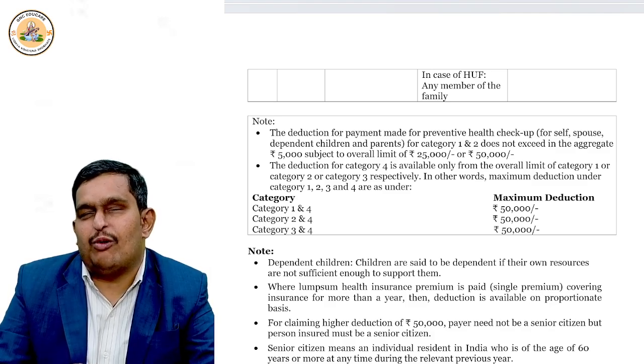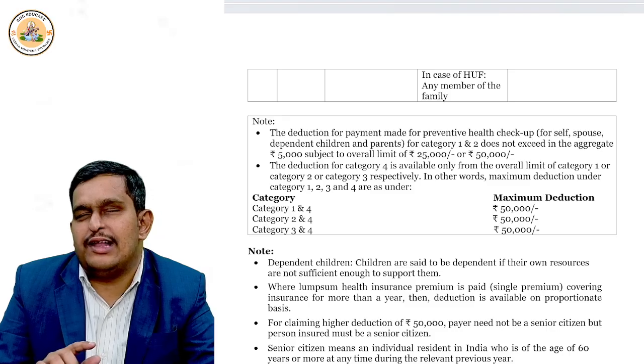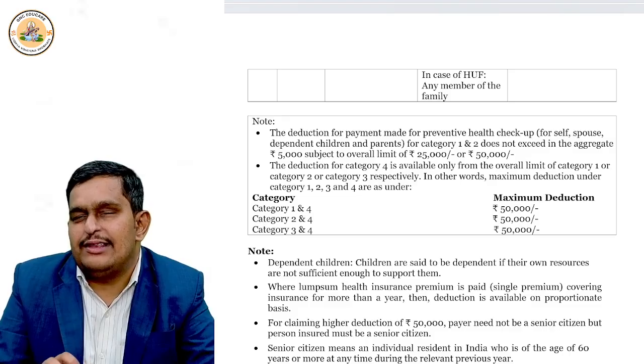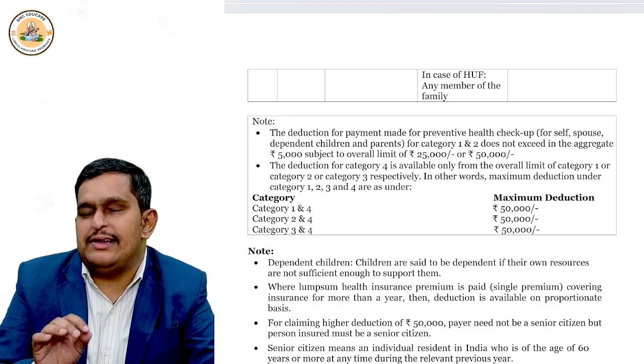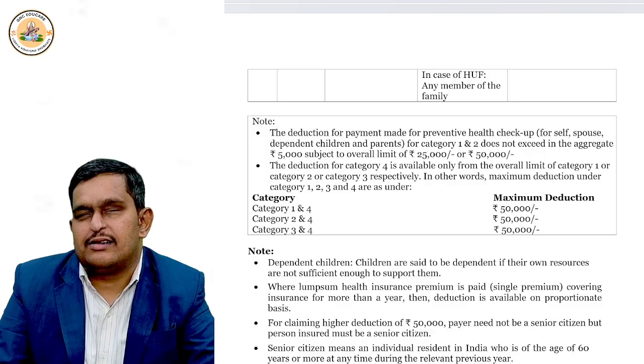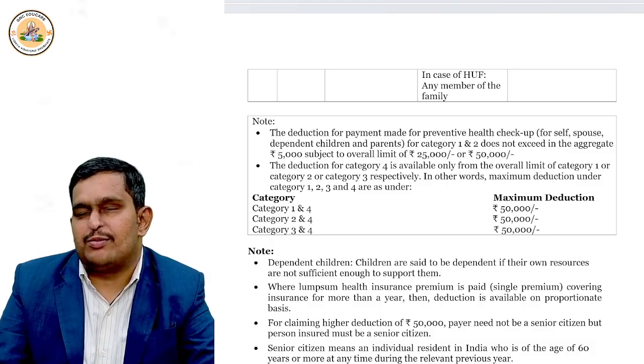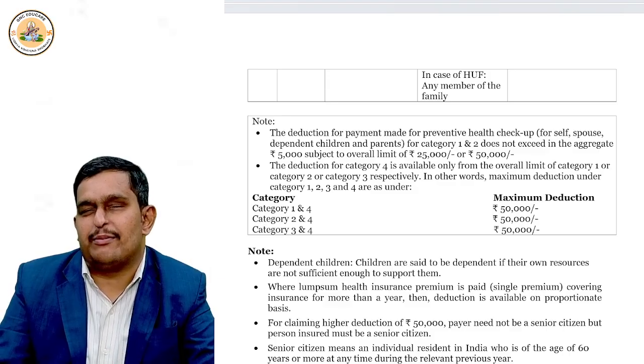But wherever we spoke about preventive health checkup, I said that preventive health checkup can be made in cash. Right? You just go and check how much BP is there, how much sugar is there, am I prone to heart attack, or any other health problem? You just do preventive health checkup.